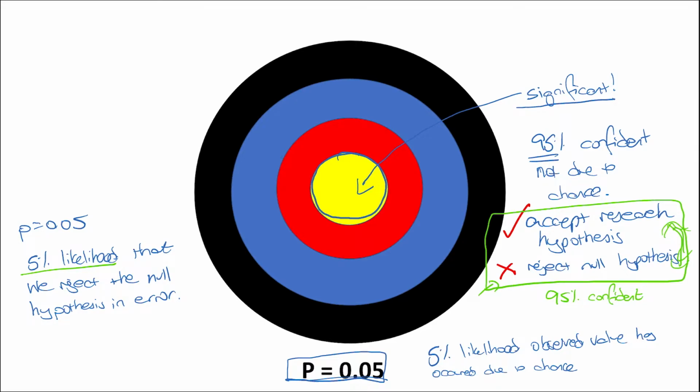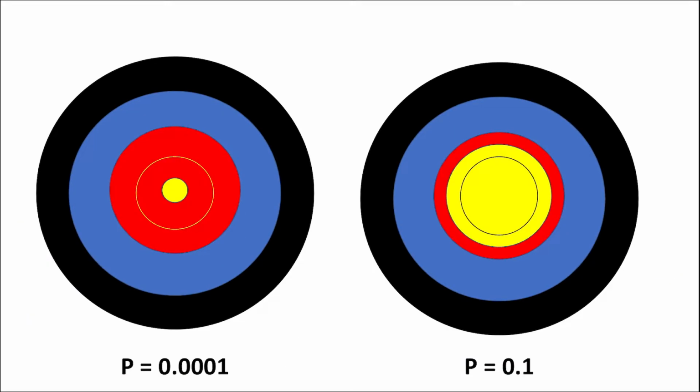So P equals 0.05 is our conventional level of significance, but you'll find that sometimes researchers will go stricter or more lenient. So let's have a look at what happens when we set our p-value at other figures. When we set our p-value at 0.0001, this is saying that there is a 0.01% likelihood, or we're willing to accept a 0.01% likelihood that the results have occurred due to chance.